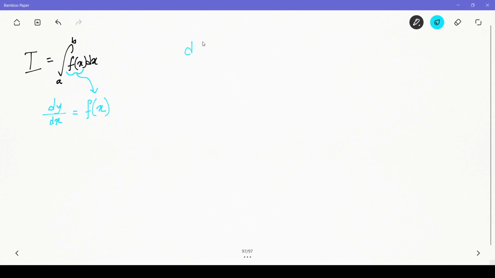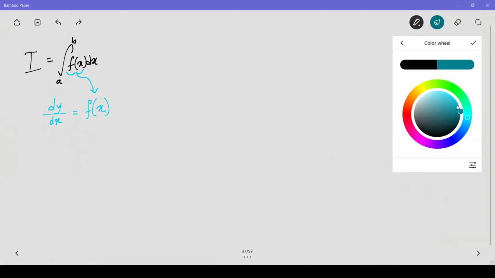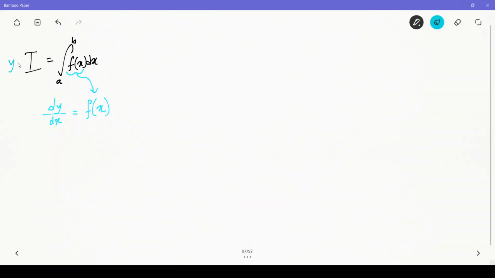So in this case, dI by dx will give me f of x. So this is the same thing, and y here is equal to the actual integral I.